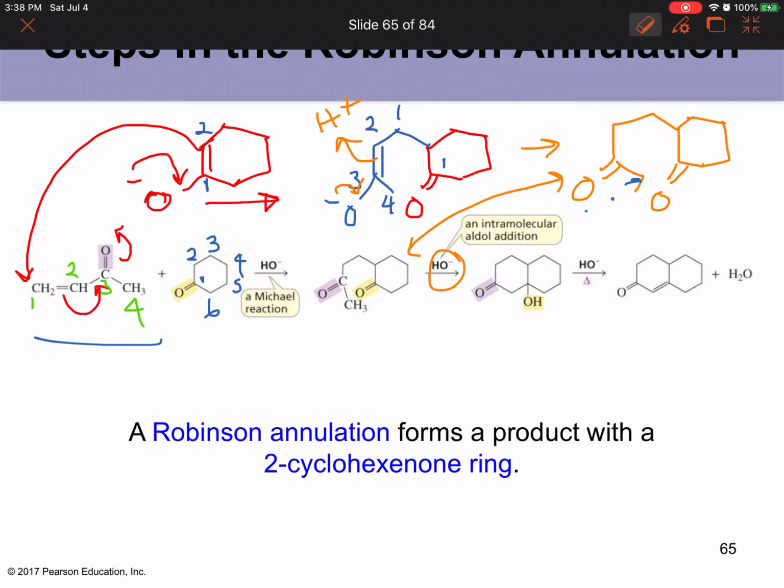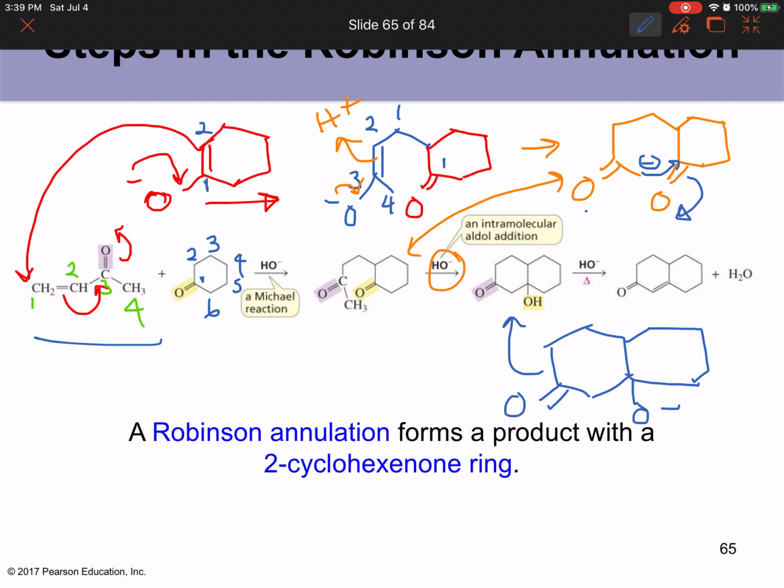So when you do that, you will end up having a negative charge right there. And this can attack the carbonyl carbon and form a new bond. So a new bond forms over here, O minus.